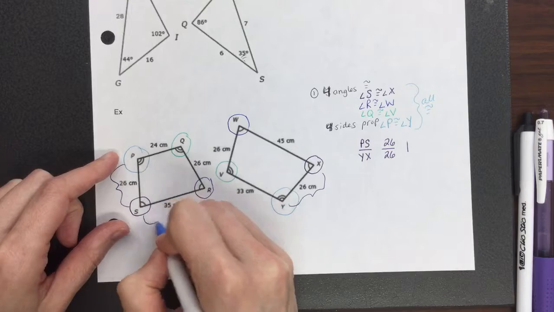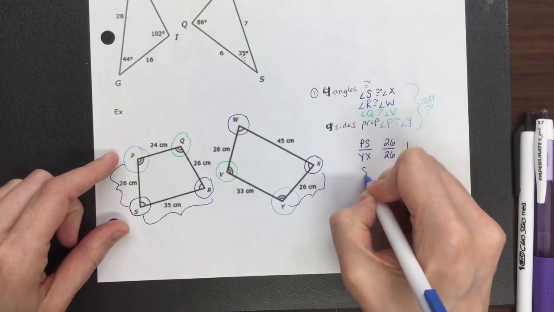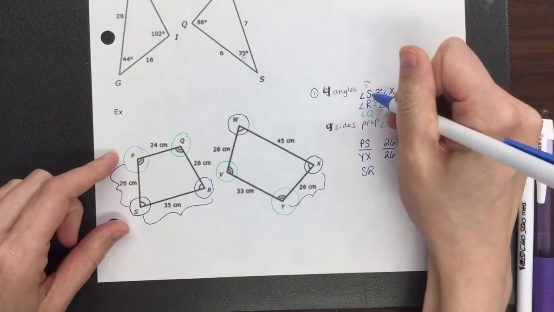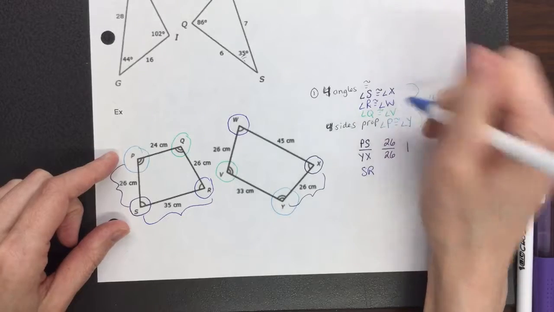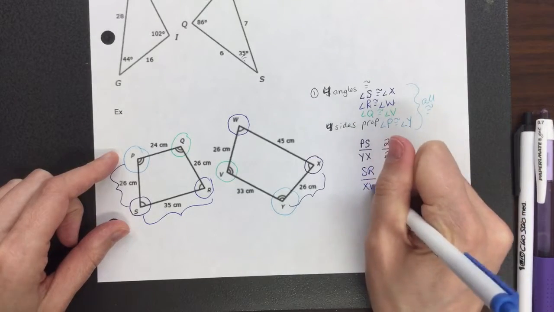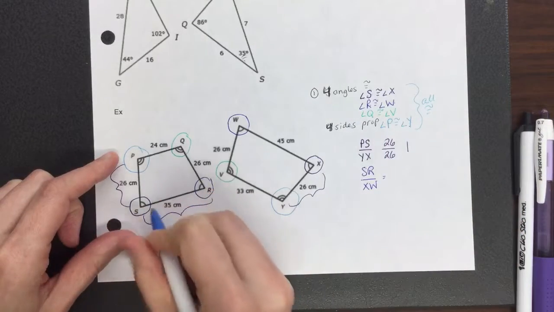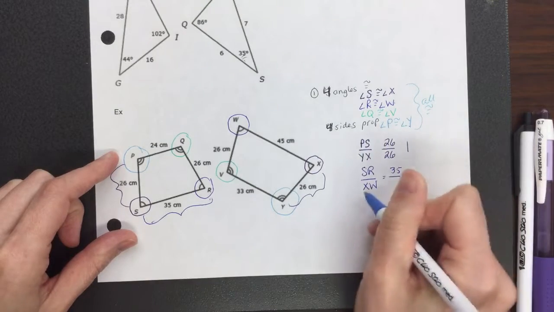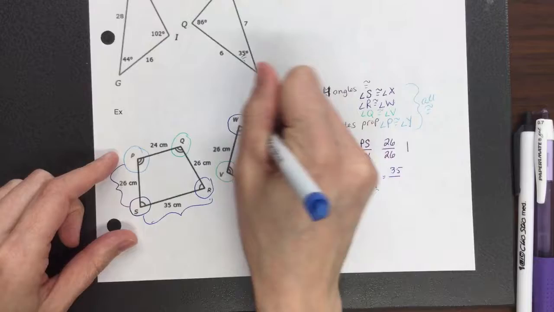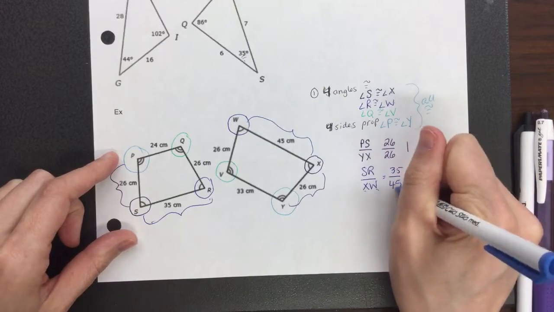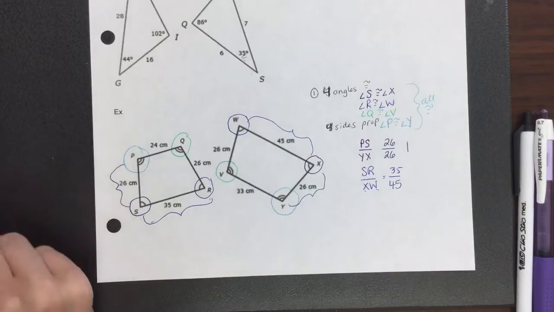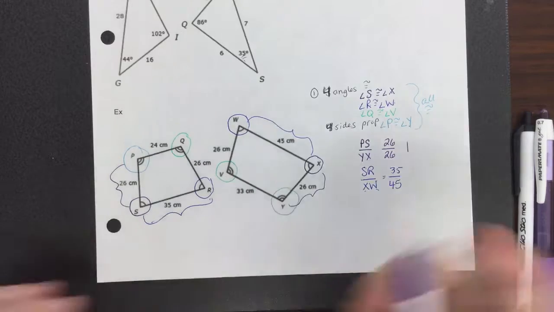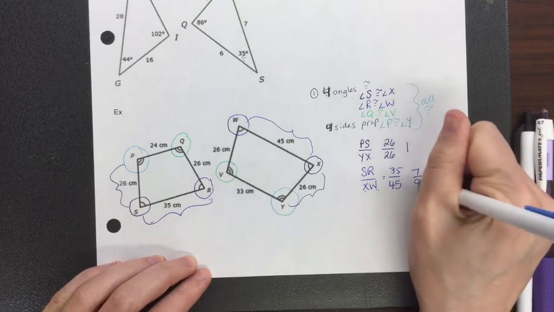So trying our next side, we've got SR, and according to our angles, SR is going to match up with XW. So SR has a value of 35 over XW, over 45. And if we simplify 35 over 45, we get 7/9.